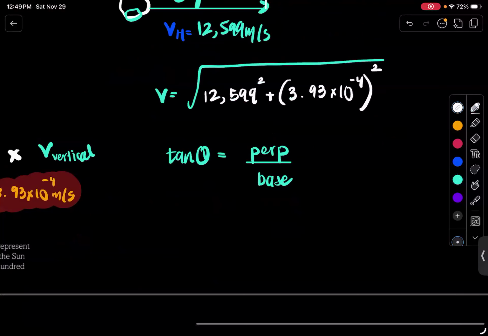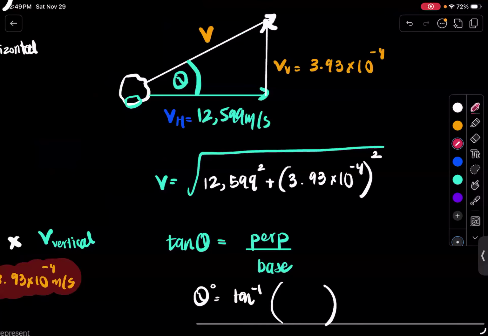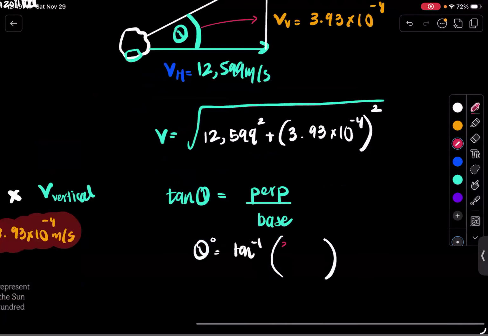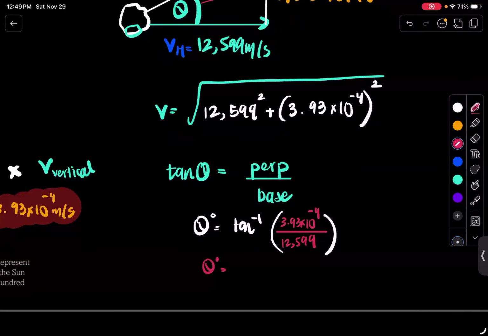And theta is going to be tan inverse. What is the perpendicular value? That is this one, 3.93 into 10 to the power minus 4 divided by, what's the base value? 12,599.